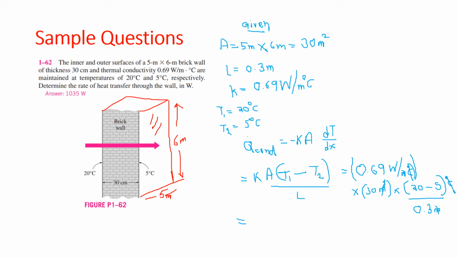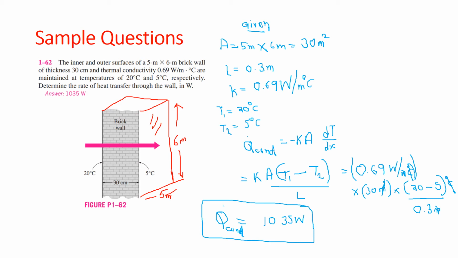If you multiply everything, we'll get 1035 watt. That is your Q dot conduction, or the rate of heat transfer through the wall in watts. So we found it. Okay, so this is our rate of heat transfer through the wall.